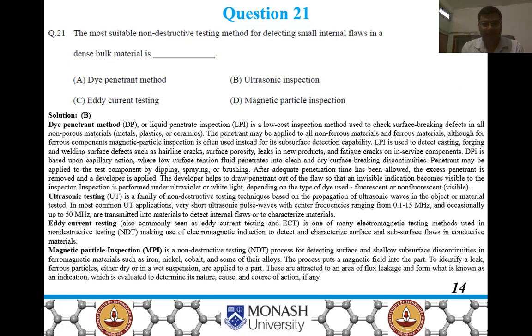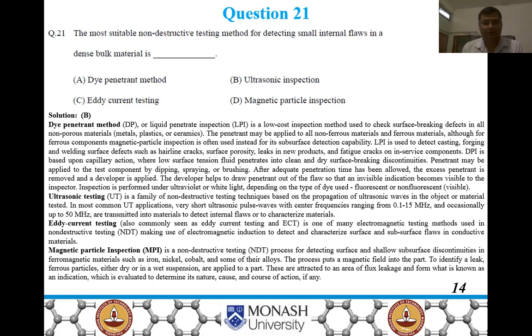The excess penetrant is removed and the developer is applied. The developer helps to draw penetrant out of the flaw so that an invisible indication becomes visible to the inspector, and inspection is performed under ultraviolet or white light depending upon the type of dye used, fluorescent or non-fluorescent visible.